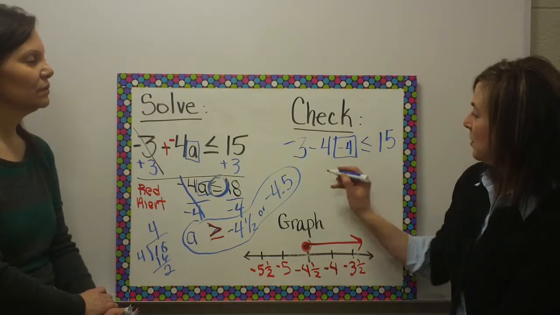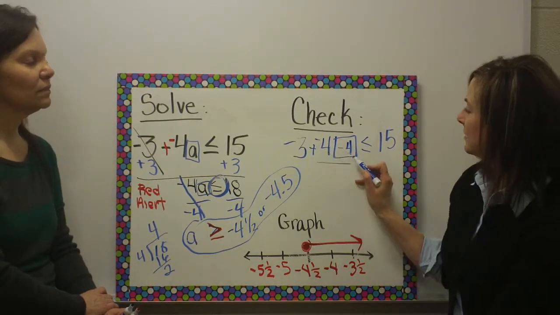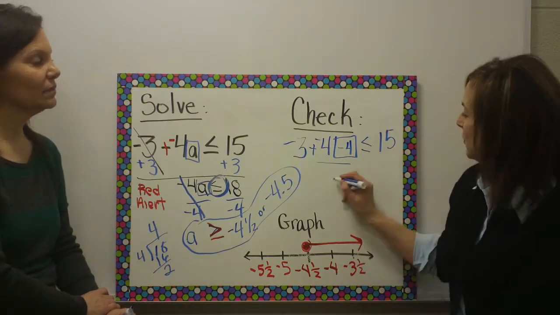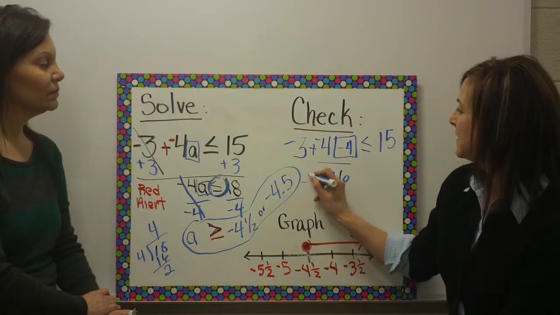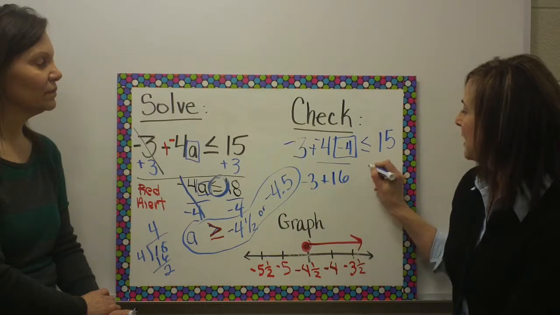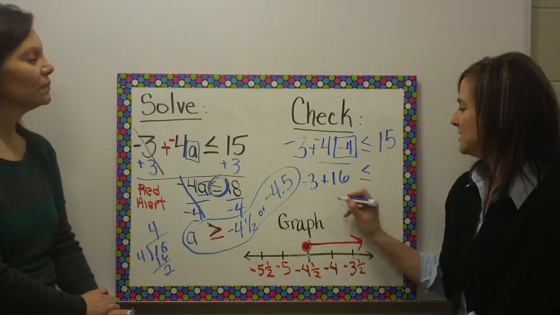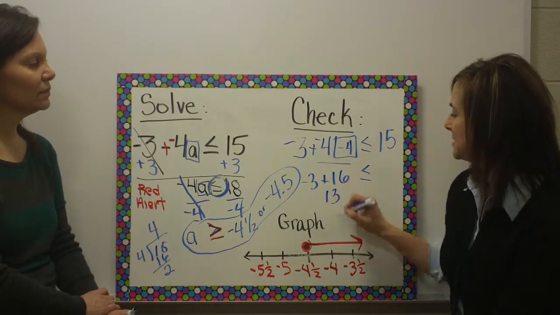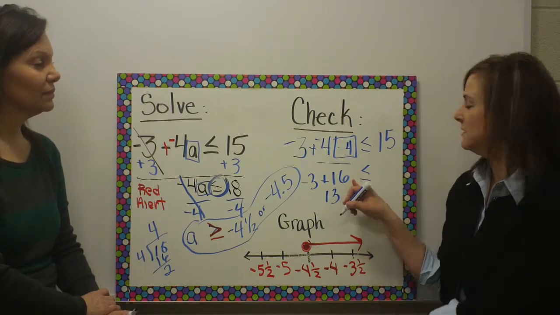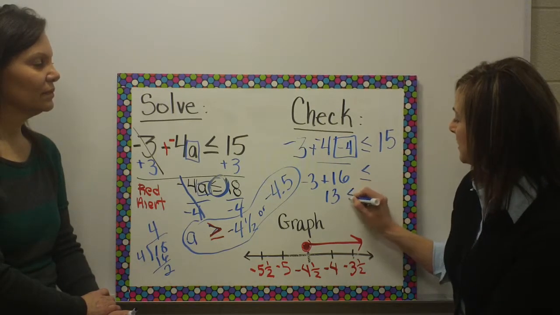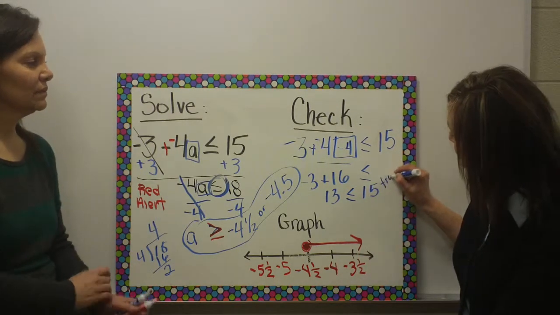Order of operations tells me that a negative 4 times a negative 4 is going to give me a positive 16 because I have same signs. Bring down my negative 3. Negative 3 and 16, different signs, find the difference. So I have 13, which would be positive because 16 has more positives. So this is going to be 13 is less than or equal to 15, which is true.